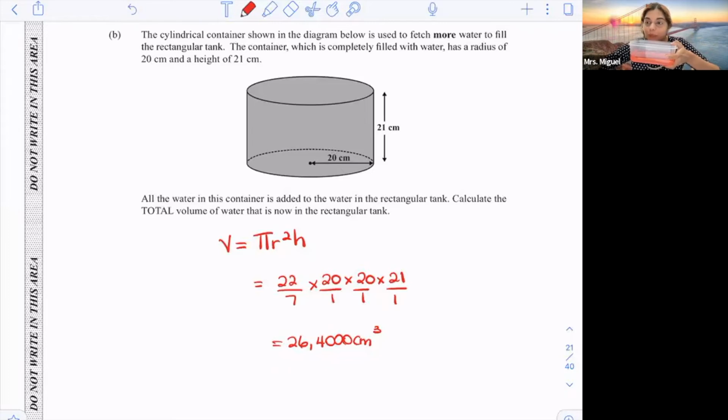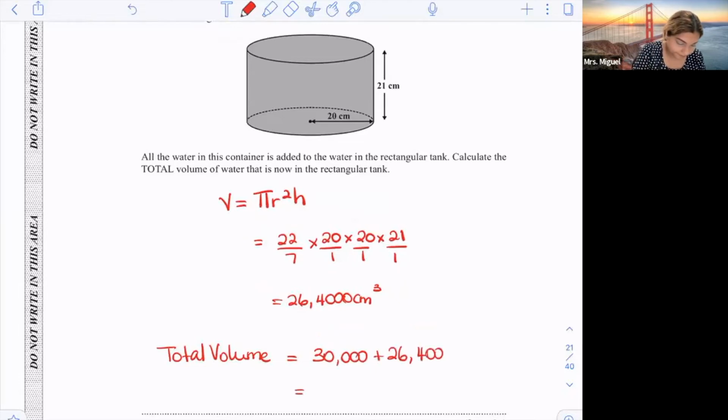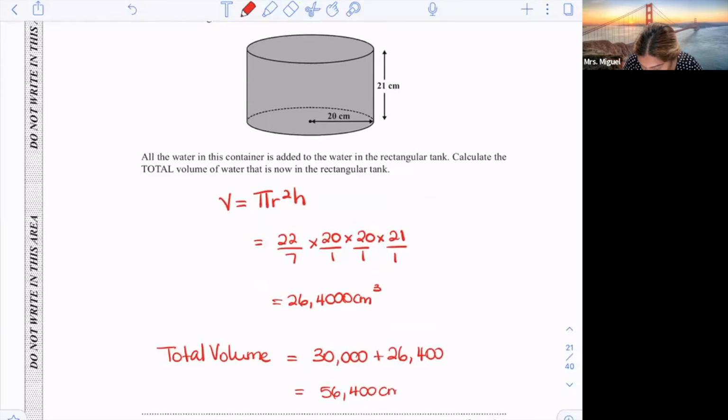So you're adding 26,400 cm cube to the 30,000. So the total volume is the 30,000 that was already in the container plus the 26,400. 56,400 centimeter cube. Right? That wasn't too bad.